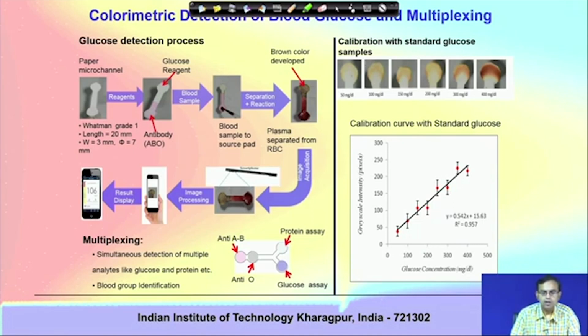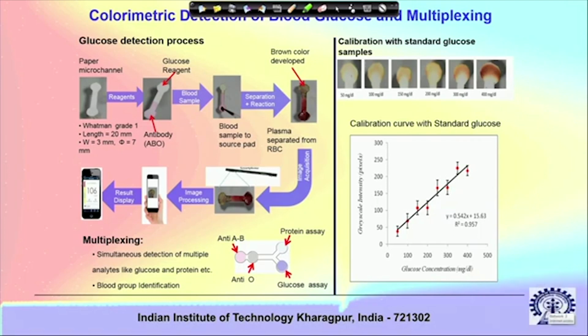Here you can see that in this example we have paper microchannels with Whatman grade 1, the length is 20 millimeter, the width is 3 millimeter and the depth is about 7 millimeter.